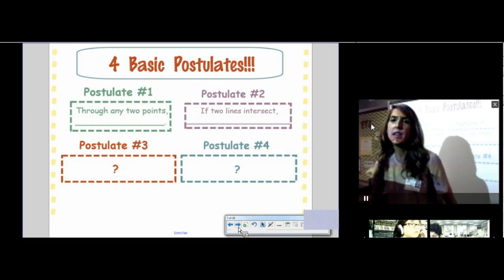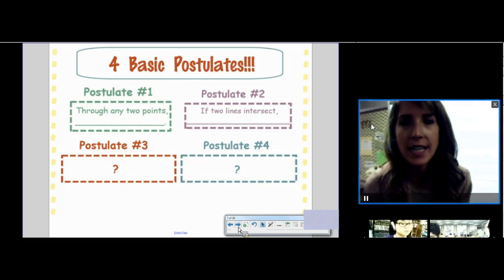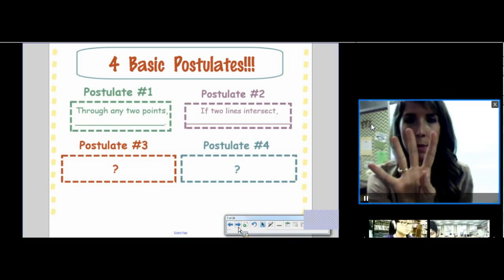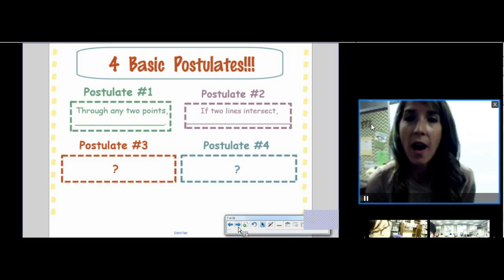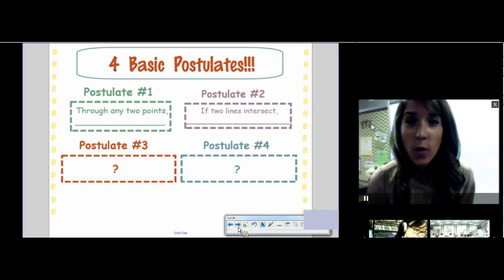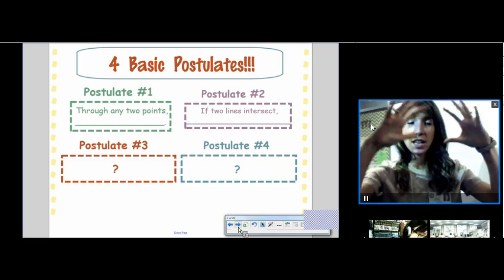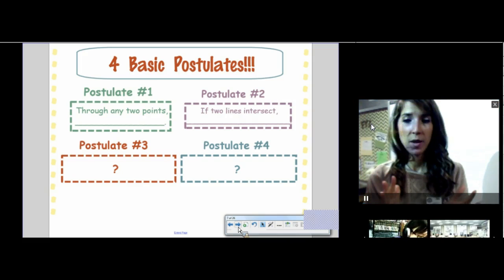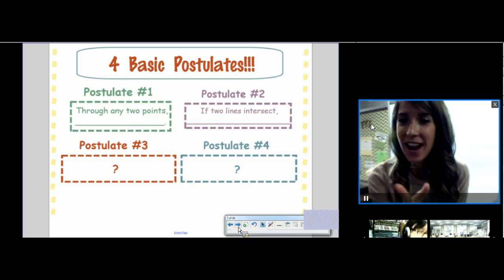Okay, this is what I want you to write in your notes today. We have 4 basic postulates. You can do 4 boxes in your notes, or you can just number 1 through 4. These are very important. 4 postulates where everything in geometry builds off of. We learned 2 of them yesterday.